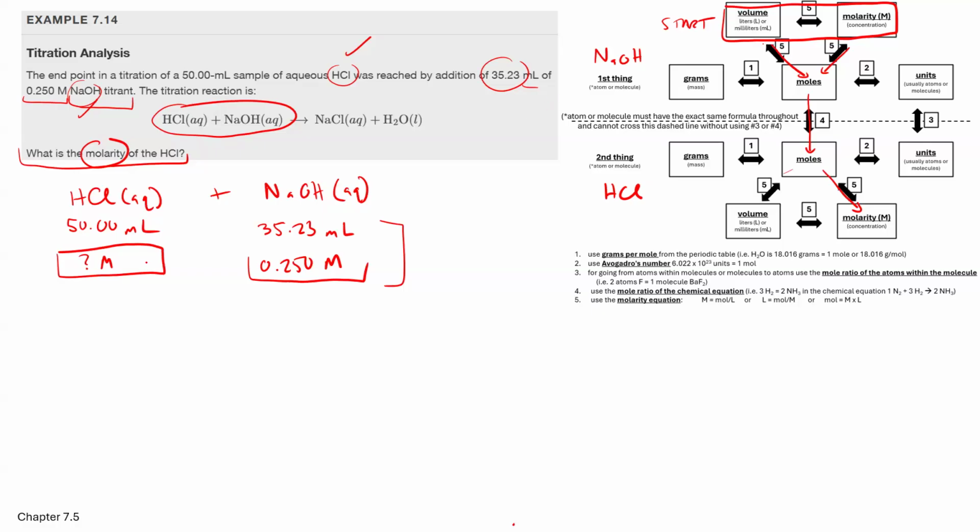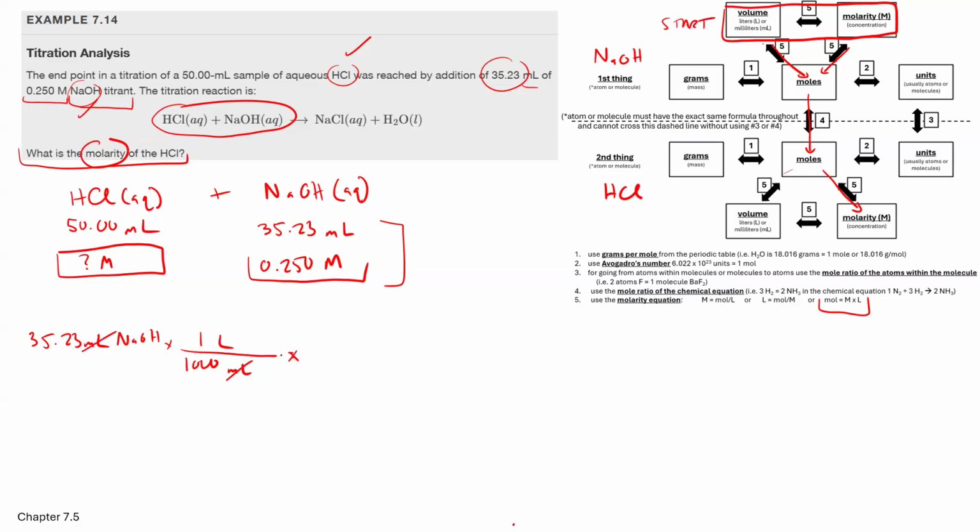So let's just start. Let's not even mess around here. In order to start, we're going to use molarity times liters, but we need liters, so we have to do 35.23 mils of sodium hydroxide. We need to change that to liters, right?